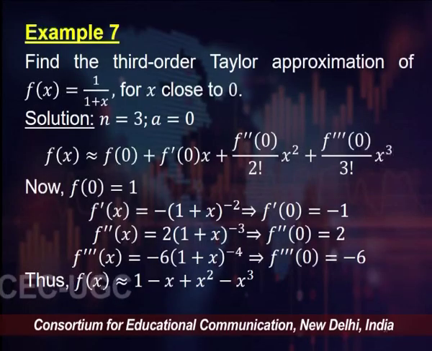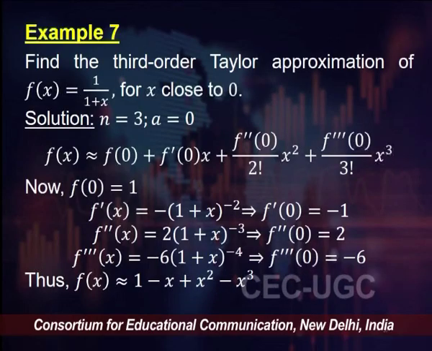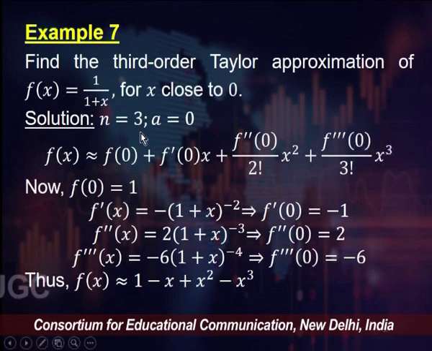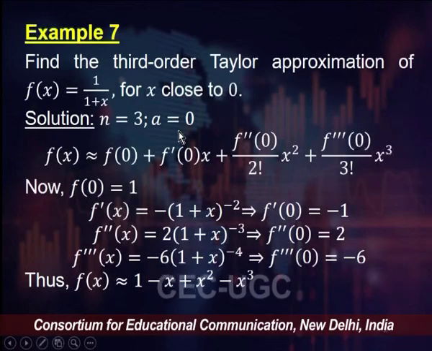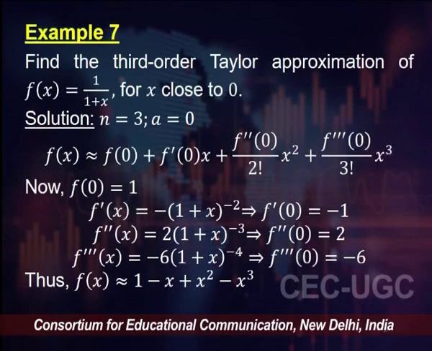Okay, let's just go through one or two examples before we end this discussion. This question asks you to find the third order Taylor approximation of the function 1 upon 1 plus x for x close to 0. Here it is a third order Taylor approximation, so n is equal to 3, and because you have to take the approximation around x equal to 0, a is equal to 0.